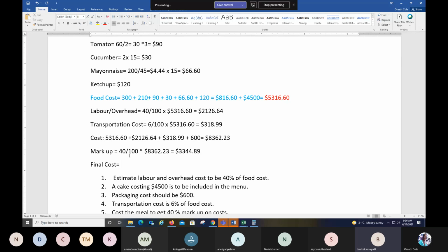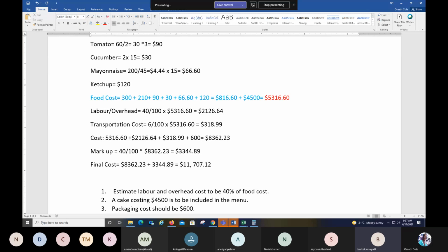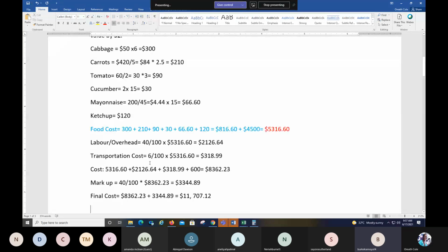So we're adding the cost plus the markup, and so it's 8,000, and then we add the markup, and that's equal to 11,707.12. 11,000, $707.12.